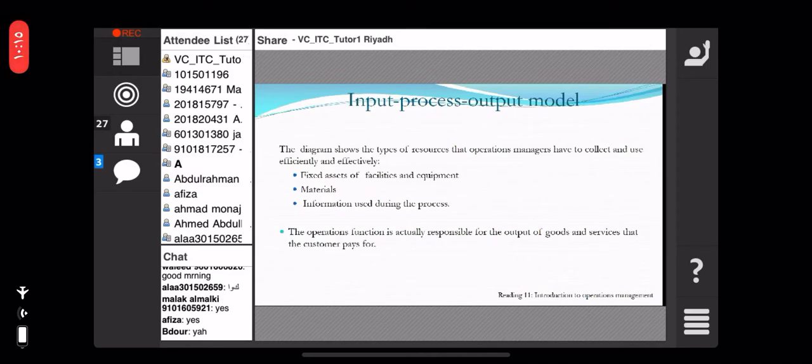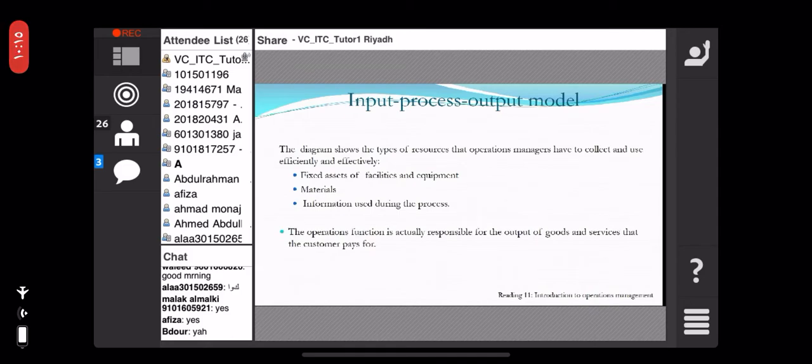The resources include fixed assets of facilities and equipment, materials, and information used during the process. Fixed assets are any one-time investment that is already there. For example, they installed the AC, they installed the computer system. These are fixed assets.